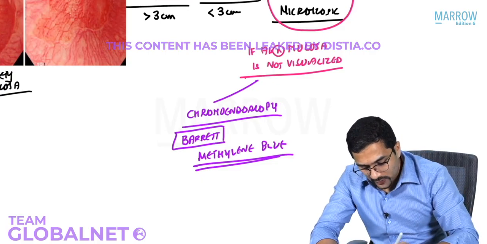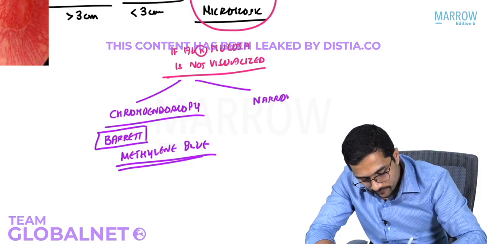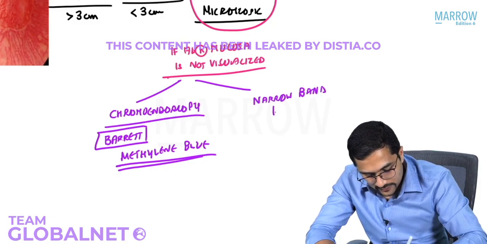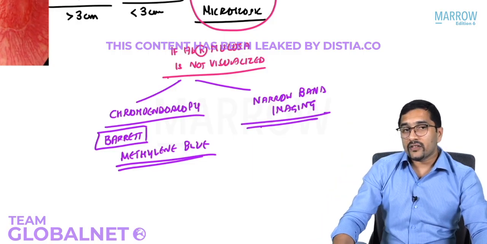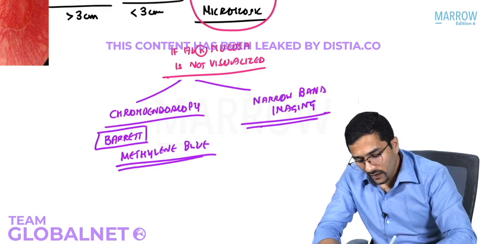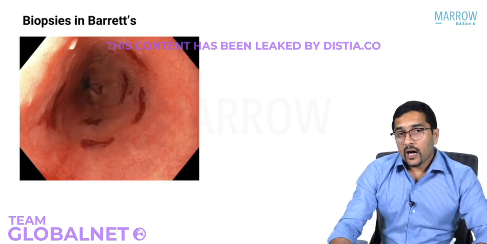So this is chromoendoscopy. Another technique is called narrow band imaging. Narrow band imaging can also help us in identifying this abnormal mucosa. This has been written in Sebastian. So the types of Barrett's I've already told you. This is how we do the biopsies.